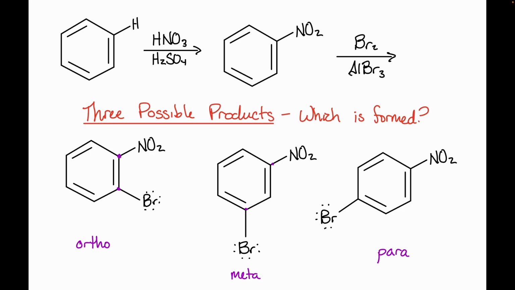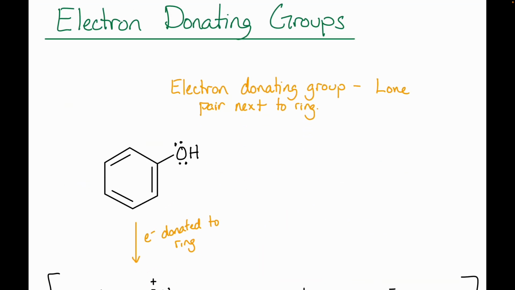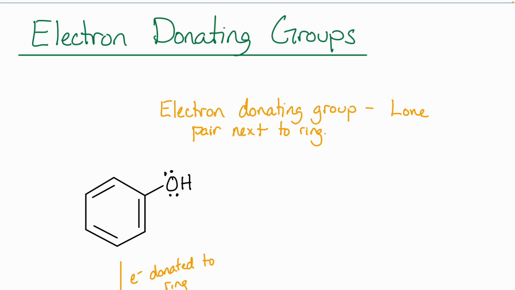And remember, we talked about how some of these groups are going to be considered electron donating groups. We can spy an electron donating group because it has a pair of electrons directly next to that benzene ring, and these groups can donate that pair of electrons to that ring, hence the name, electron donating group.